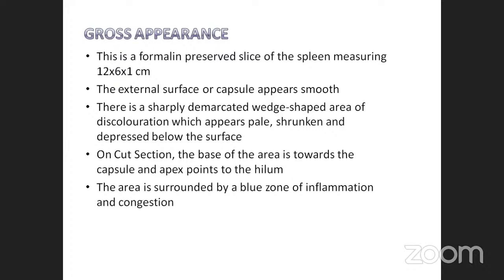And on the cut surface, you always get a wedge-shaped area of white discoloration, which appears shrunken and depressed below the surface. The area is well demarcated by a line of inflammation and congestion.